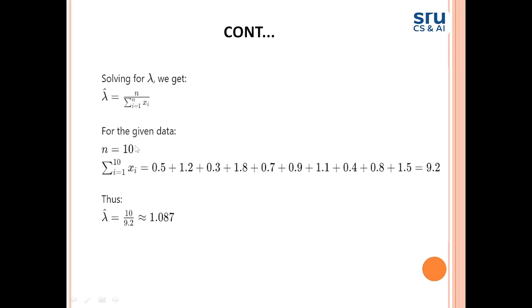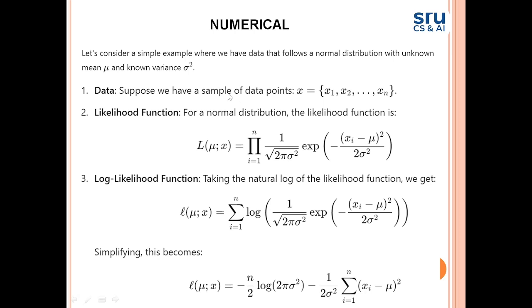For a given data, we have the value n equal to 10, and we will add all these values here and we will get lambda cap equal to 1.087.